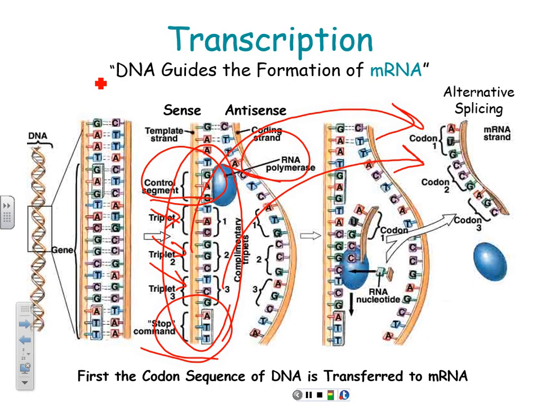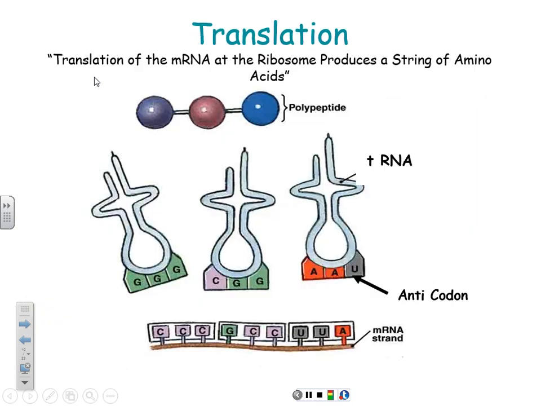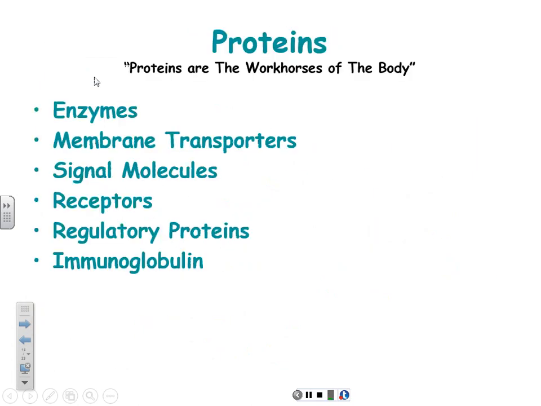Transcription, translation, DNA, mRNA, tRNA, right? All right. So that leads us to the end of this unit that I want to work on, and that is going to be proteins, because we just made proteins, and then after this one we'll do ATP production, and we'll be ready for our first exam.